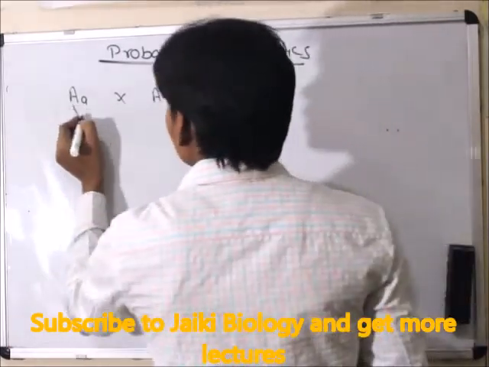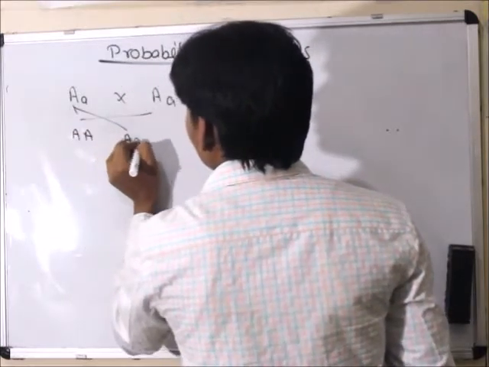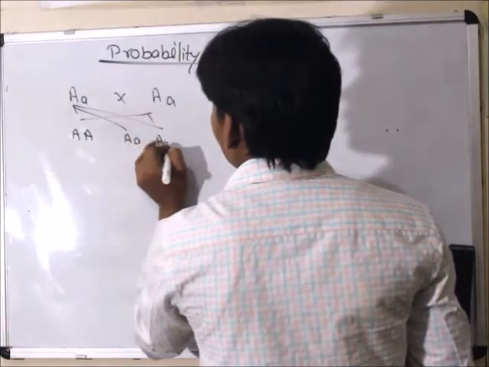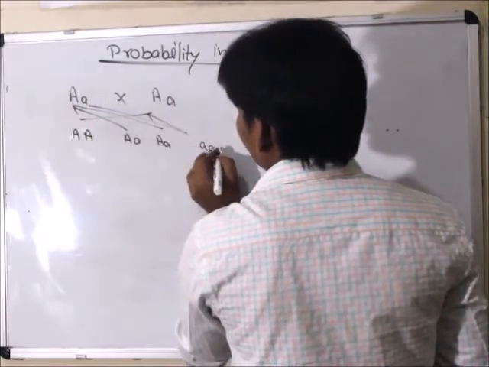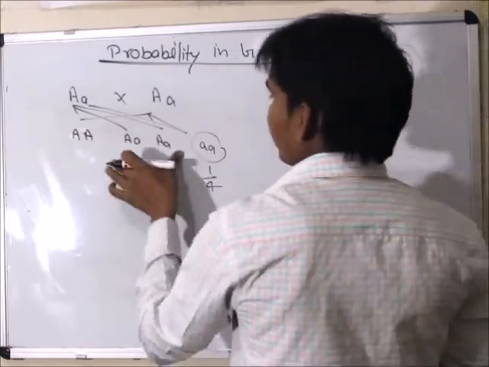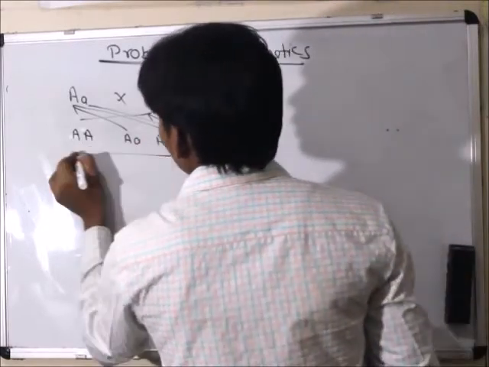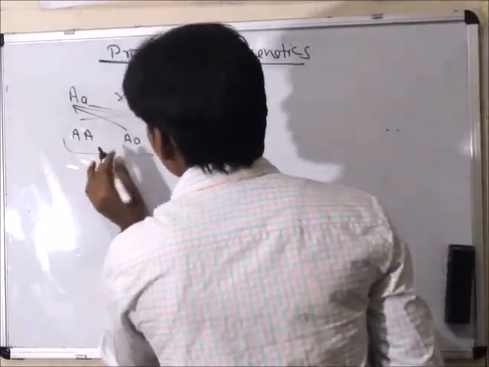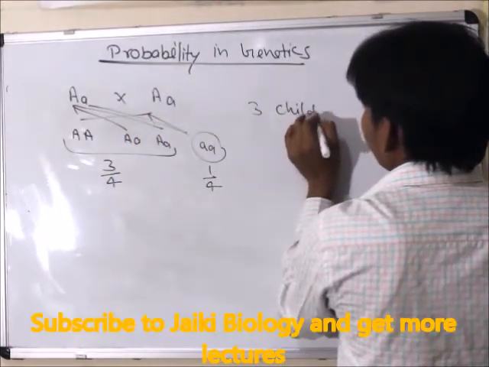If you cross, you will find A and small a. There is a probability of 1 by 4 of albinism, and 3 by 4 without disease. Then they have 3 children.